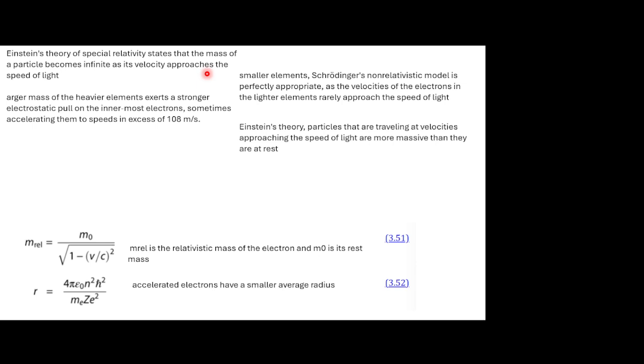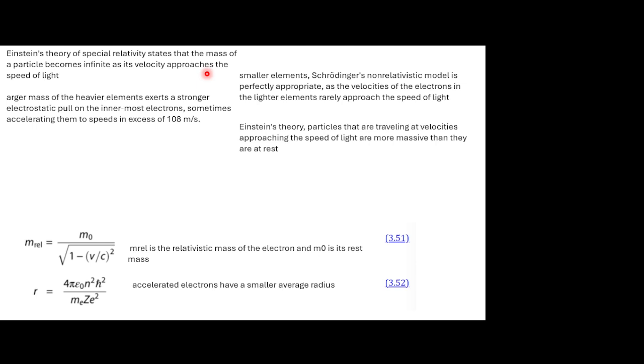Because of those large accelerations, we can actually get up into speeds in excess of 10^8 meters per second. And so we can actually start getting actual fractions of the speed of light in those 1s orbitals next to a heavy element. Yeah. And so this causes the electrons' masses to actually increase.